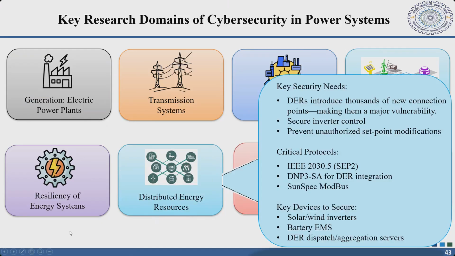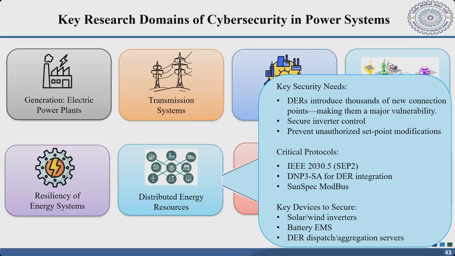We do have the distributed energy resources, all the renewable types of sources, and they are also involved now because the government is encouraging the installation of such renewable sources. They use protocols like IEEE 2030.5, widely known as SEP 2, DNP3 for DER integration with our grid at the point of common coupling, and SunSpec Modbus type of protocols are also used by some of the utilities.